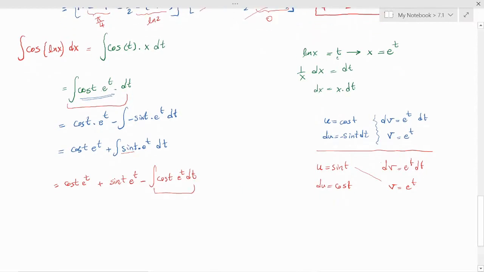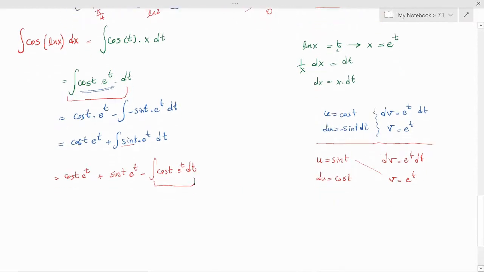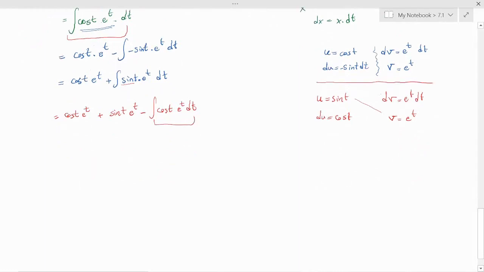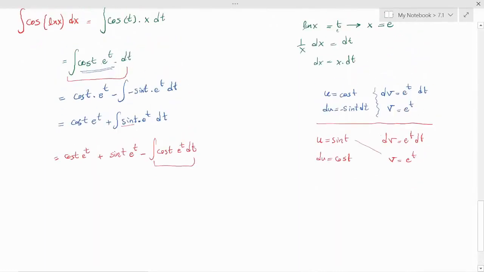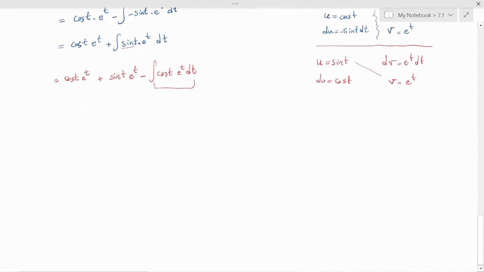So it didn't really help us, this integration by parts. Or did it? Let me show you the idea here before I tell you.